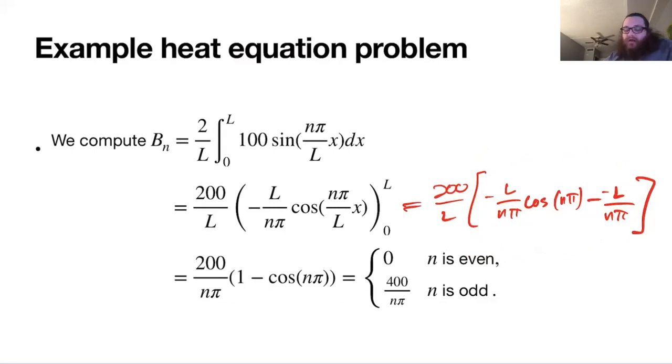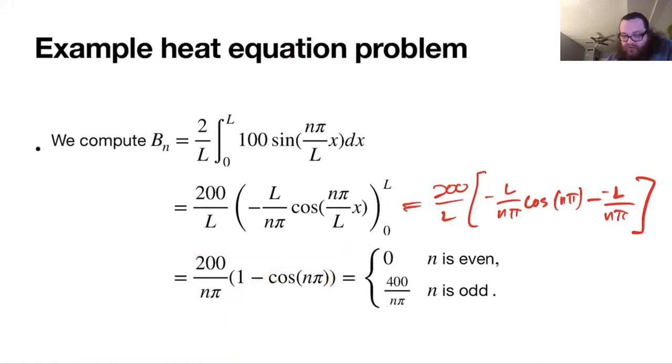If you want to leave it like this, it's fine. If you want to simplify it a little, when n is even, for example n equals 0, cosine of 0 is equal to 1, so this term is 0 and the whole thing is 0.